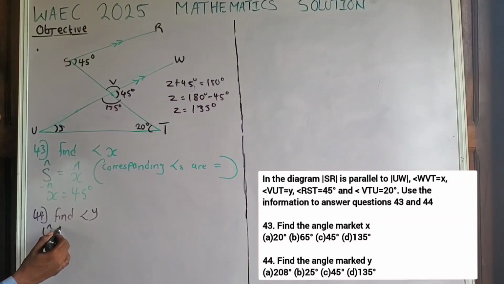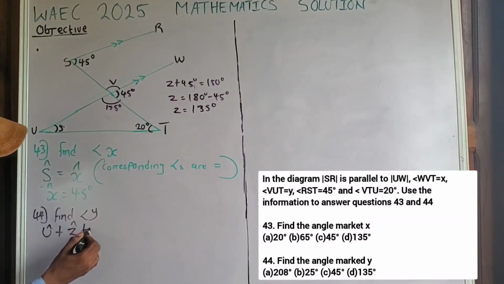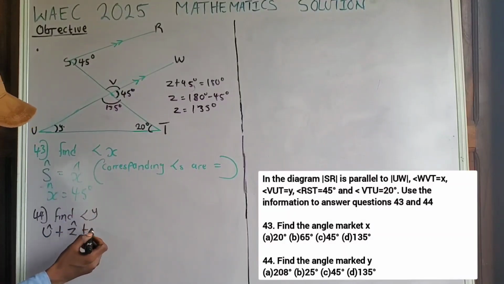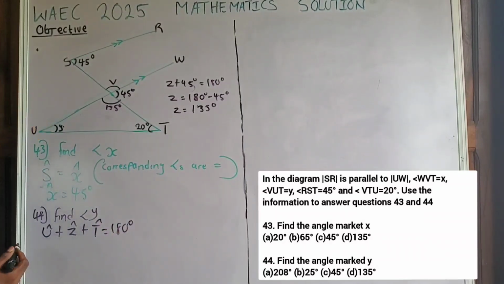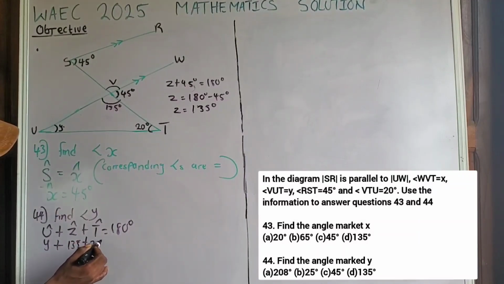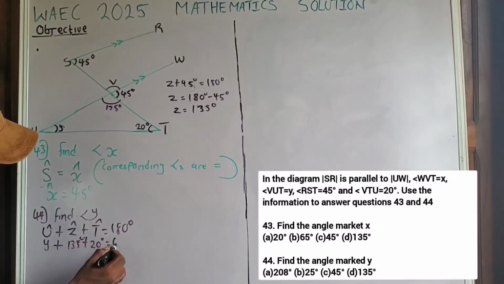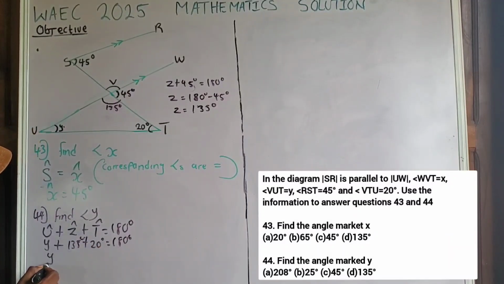Angle U plus angle Z plus 20 degrees, let me represent it as T, must be equal to 180 degrees. Sum of angles in a triangle. Angle U is Y, plus 135, plus T, which is 20 degrees, must be equal to 180 degrees. So Y equals 180 degrees minus 135 plus 20.